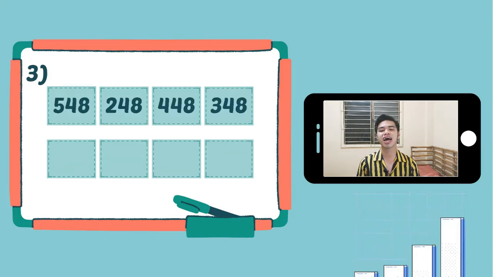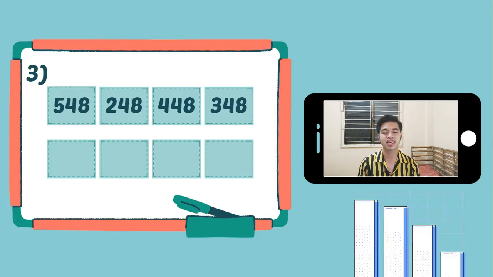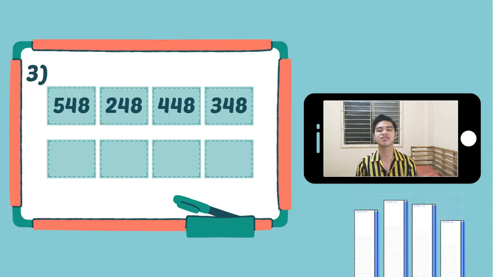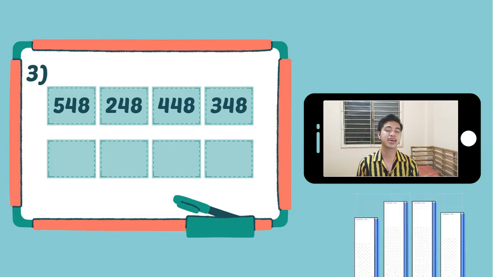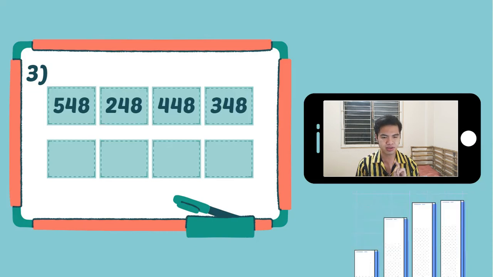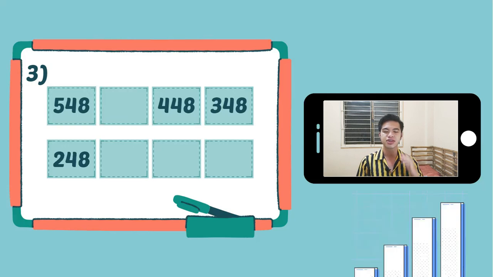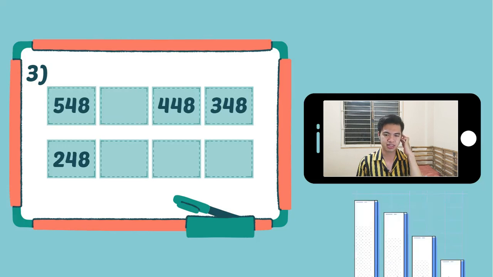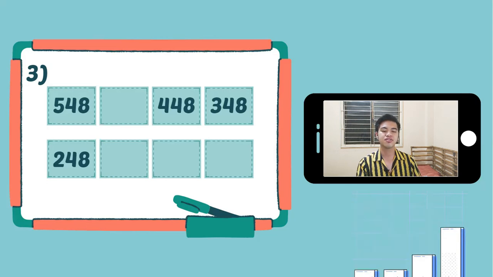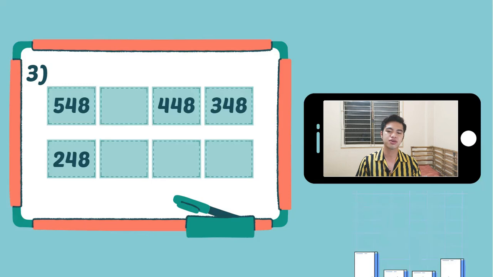For number 3, we have the numbers 548, 248, 448, and 348. We're going to pick again the smallest number among them, which is 248. Okay? So we are going to write 248 down here. And then we're going to decide which is the smallest number from 548, 448, and 348, which in this case is 348.